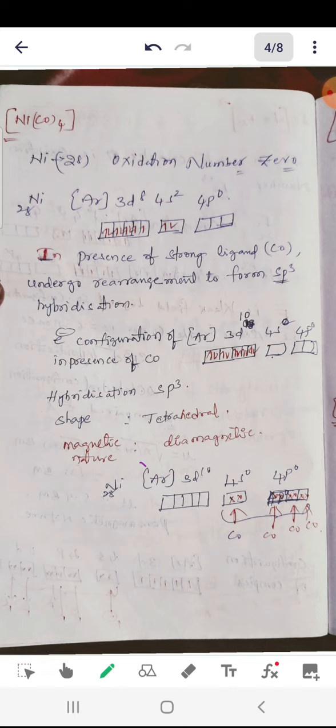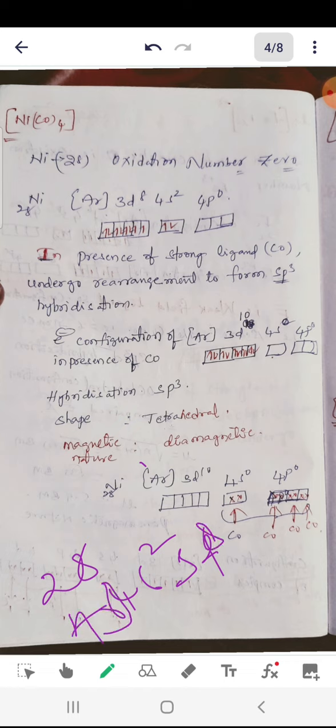We are going to see another compound here. So tetracarbonylnickel(0), where the oxidation number of nickel is 0. Normally nickel is 28, with configuration 4s2 3d8. Based on that, simply you can write 28 as argon 4s2 3d8 configuration.